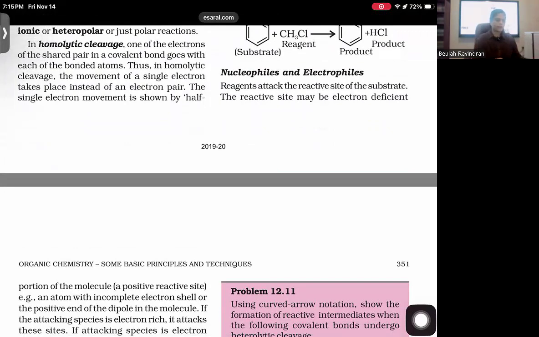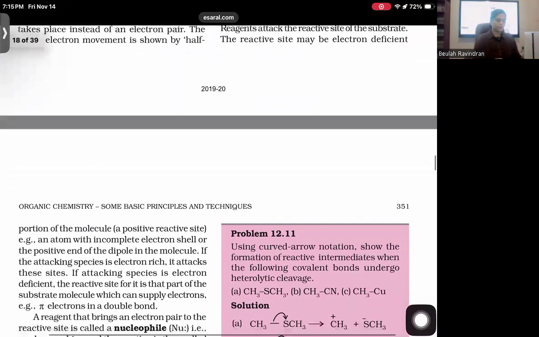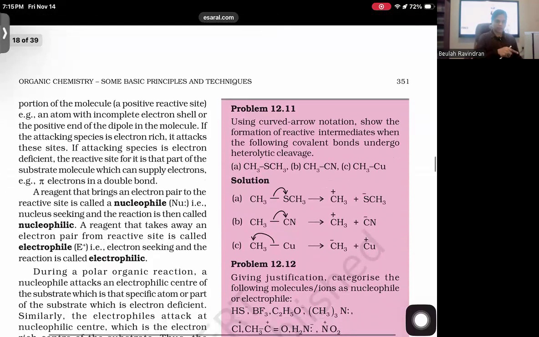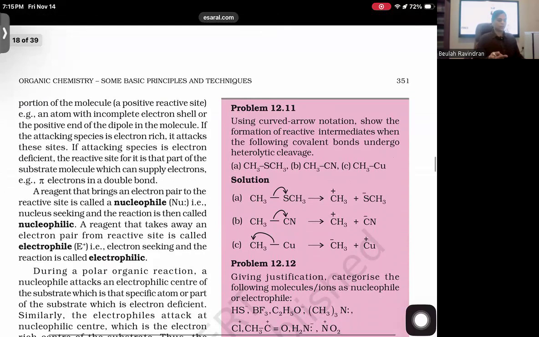The reactive site will be the electron deficient portion of the molecule, that means a positive reactive site: an atom with an incomplete electron shell, or the positive end of the dipole in the molecule. If the attacking species is electron rich, it attacks these sites.